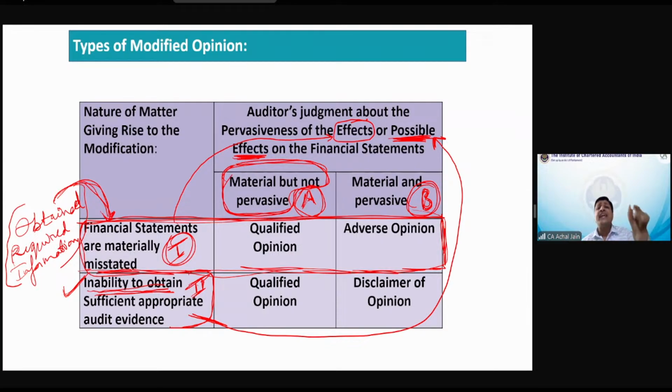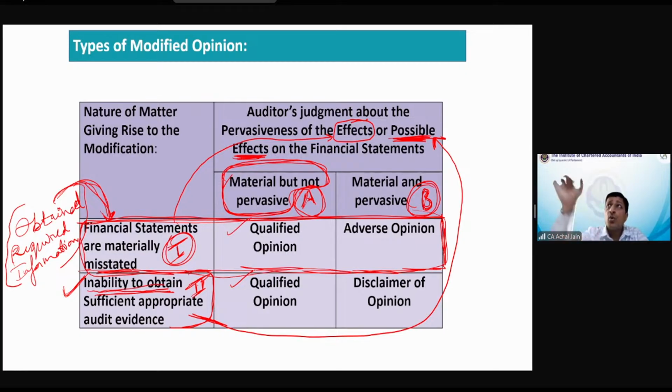Every time the misstatement is material but not pervasive, it could be because of two situations. One, the auditor has obtained the information. Second, the auditor has not obtained the information. In both cases, what type of opinion will be provided? Qualified.